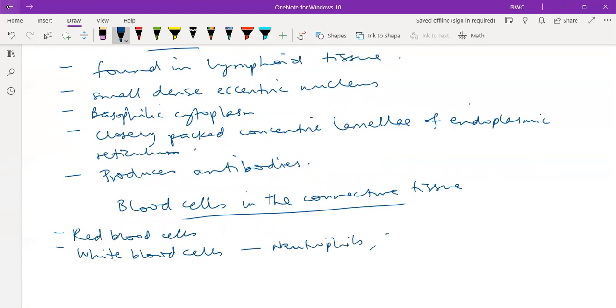You can find lymphocytes. You can find eosinophils. You can find monocytes. And you can find all these cells, even in healthy connective tissue.